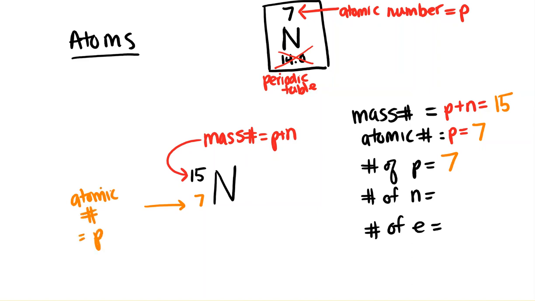We can pretend we're subtracting here. It's more interesting when the numbers are bigger, but we got the idea. So the number of neutrons is 8.